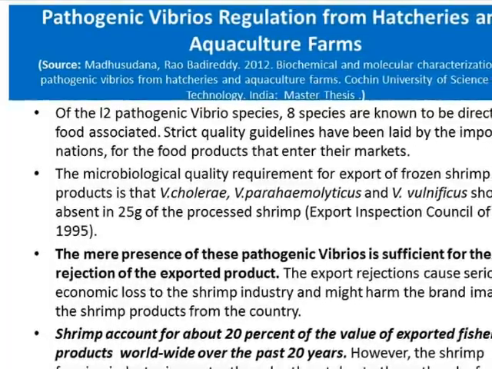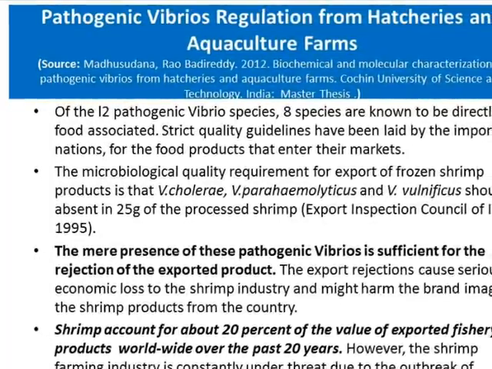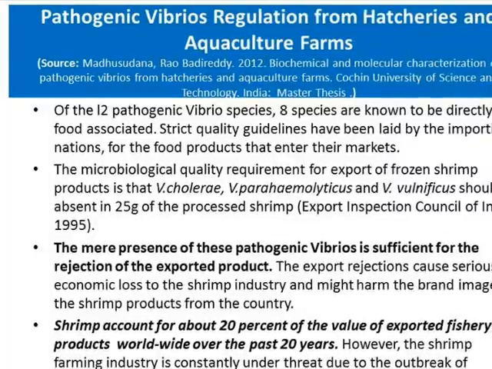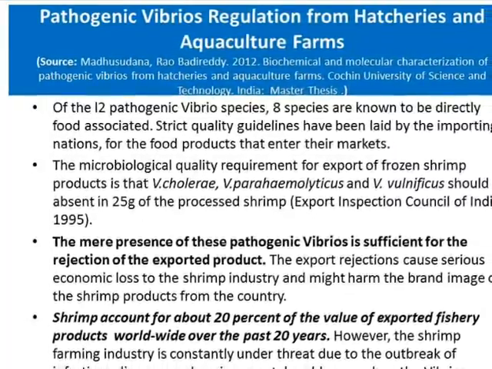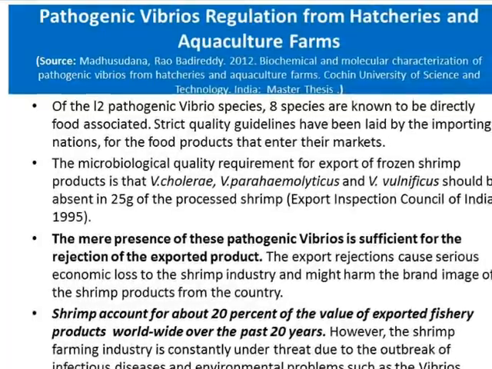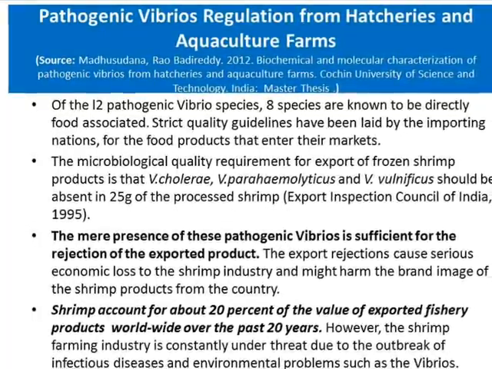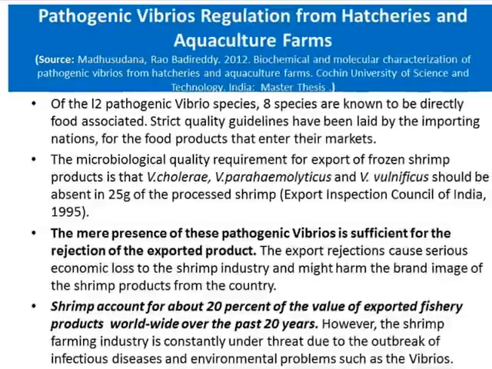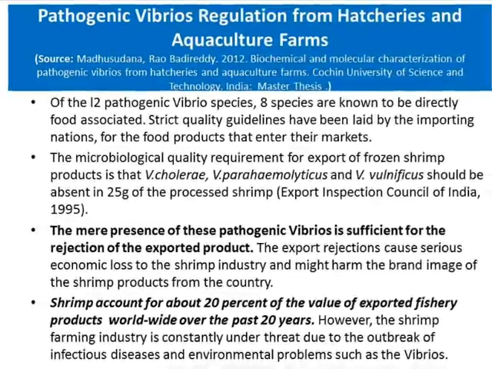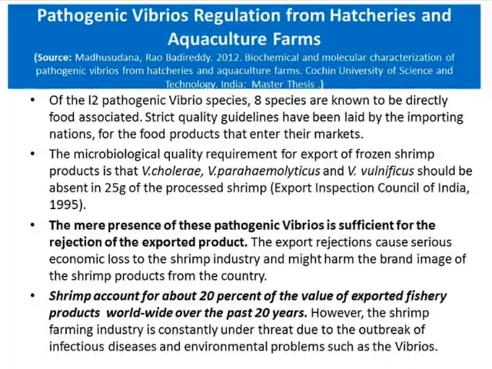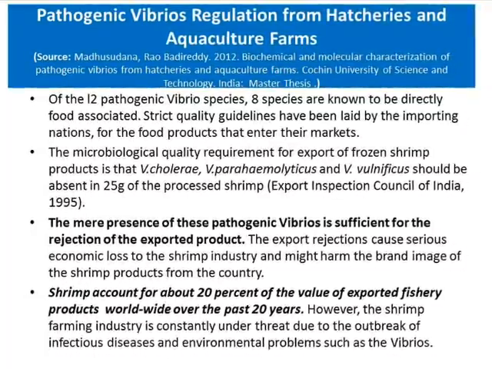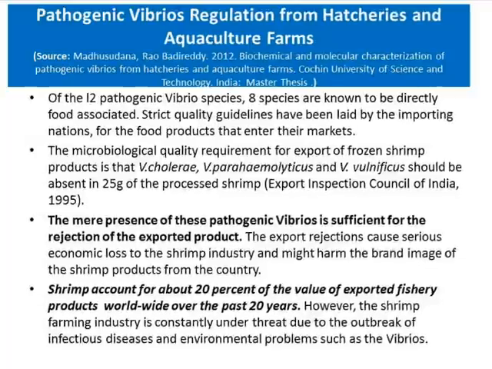That includes Vibrio vulnificus, Vibrio parahaemolyticus, and Vibrio cholerae. Shrimp account for over 20% of all exported food products worldwide. So this is a major industry, and it gets into food security issues when we begin to be concerned about the report of Vibrios in seafood products.